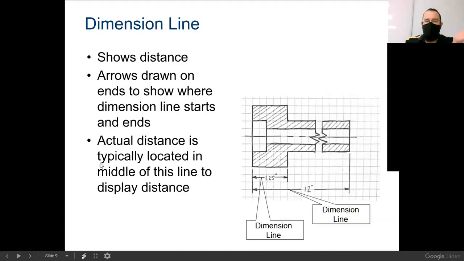I think that's kind of obvious, so no need to necessarily write that down. That's how most dimensions are. Sometimes they're shifted to the side if there's no space, but they're typically right in the middle. And again, the definition of it is to show the distance, and it's the arrows with the actual value.